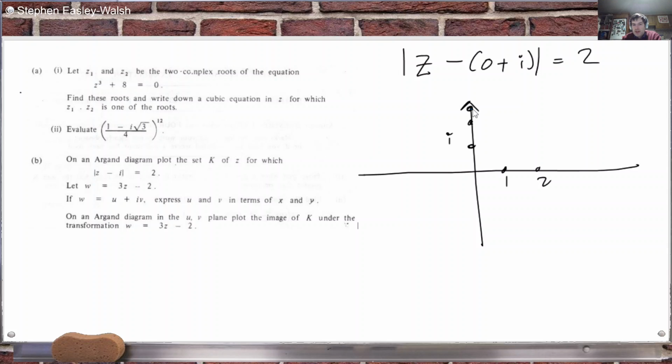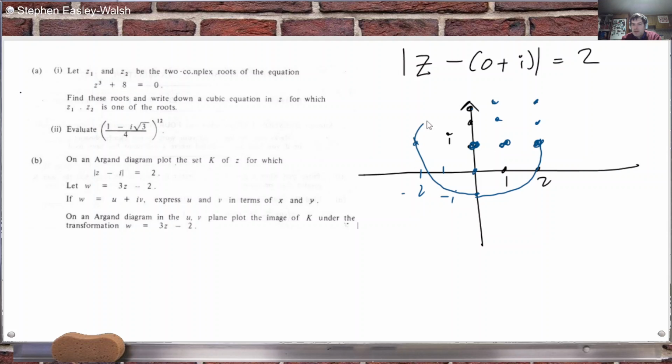So let's see, that's i, 1 plus i, 2 plus i. Okay, let's see now. Located at i, a radius of 2. And then that's minus i, so it has to come down there. Okay, and then it will go over to minus 2, so it'll go over to there.